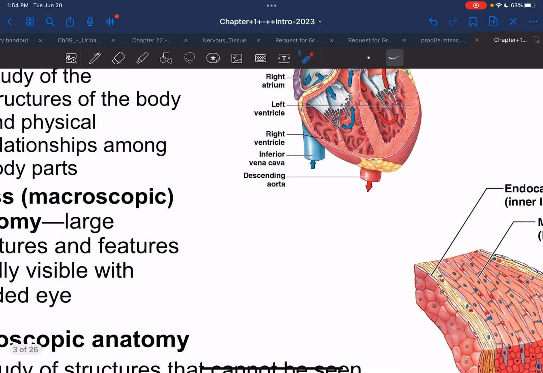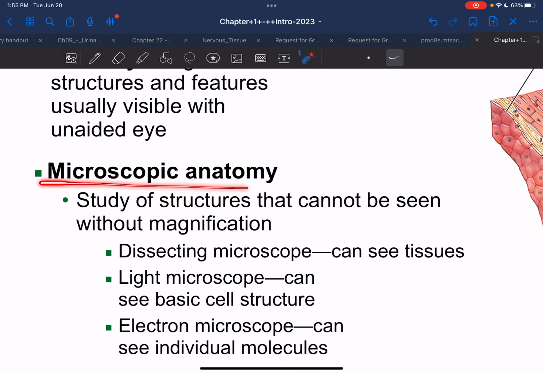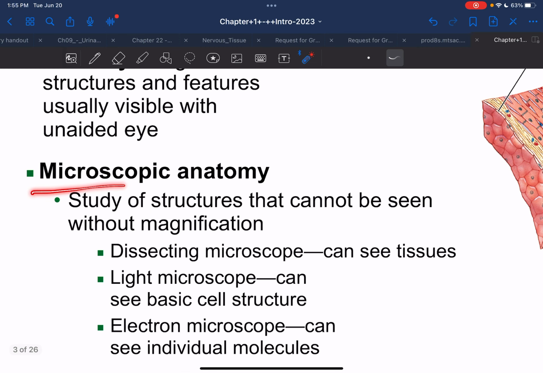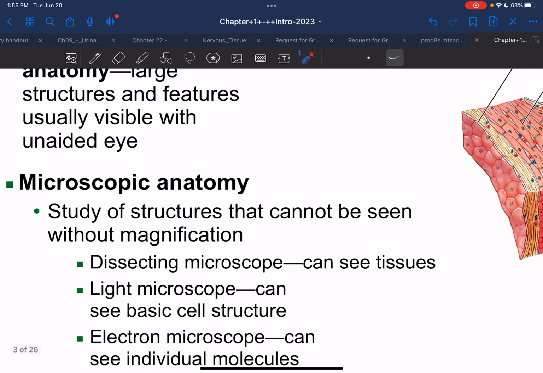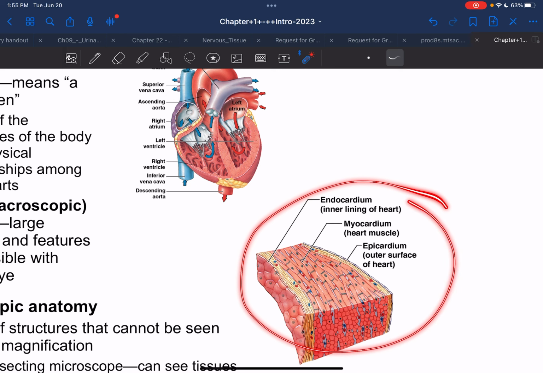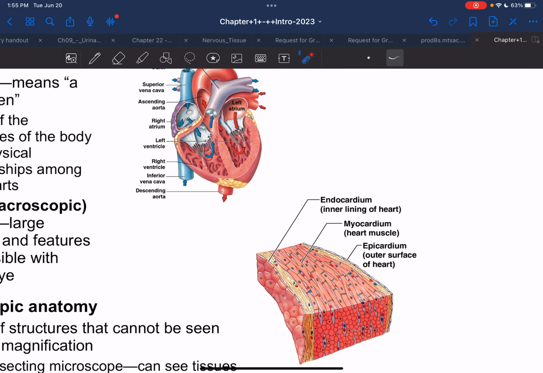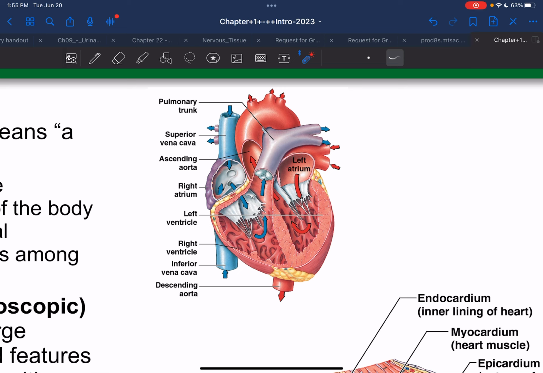And if you look closely, what is microscopic anatomy? This means that you need to use some tool to magnify the view, in other words, a microscope more than likely, in order to view these cells much more up close. Even right now, you're still seeing the same topic in this image and this image, because what you're seeing here is the entire gross anatomy of the heart, the structures that are in and around the heart.